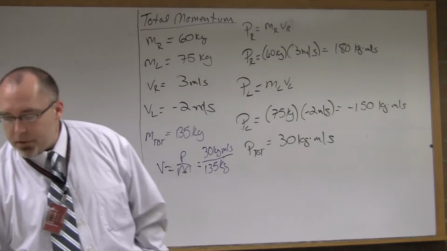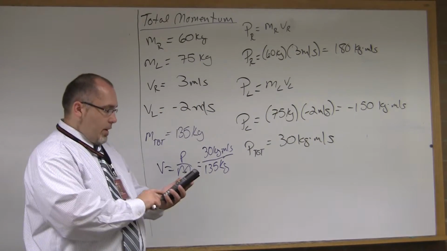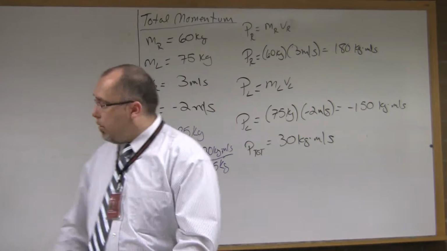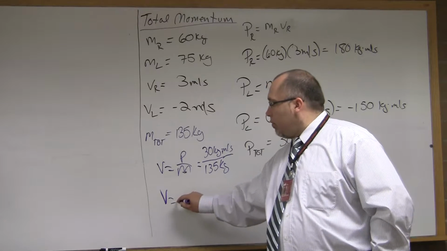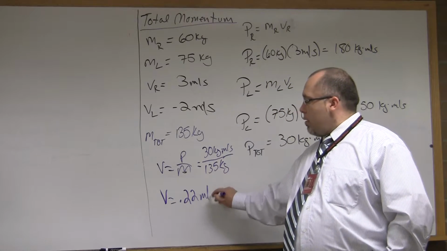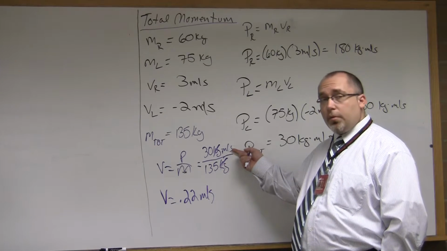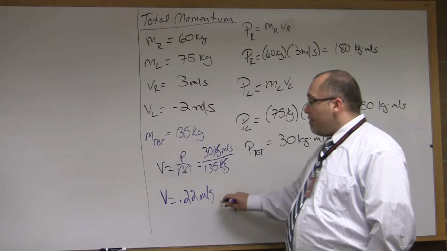If you simply do the division, 30 divided by 135, you get 0.22 repeated. So the velocity here would be 0.22 meters per second, because the kilograms cancel out. The only unit left is meters per second. So that tells us how fast they're moving.